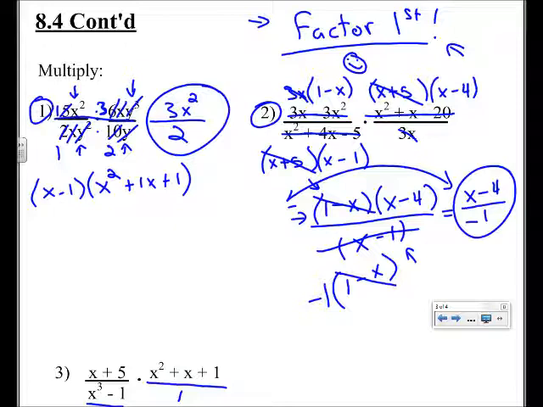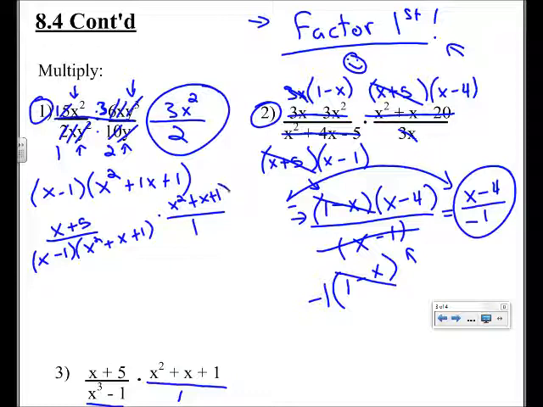So let's rewrite what we've got here. We've got x plus 5 over x minus 1 times the quantity x squared plus x plus 1. We're going to multiply that times the quantity x squared plus x plus 1 all over 1.